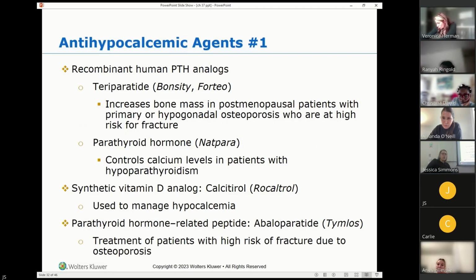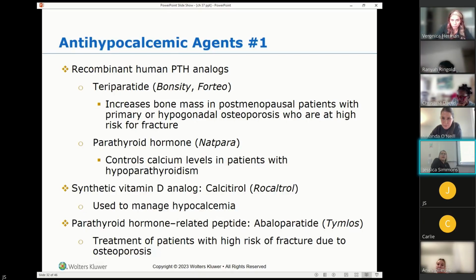We just talked about estrogen leaching the calcium out of the bones. So, these drugs cause an increase in bone mass in patients that are postmenopausal, that have to do with their hormone levels that are leaching the calcium.